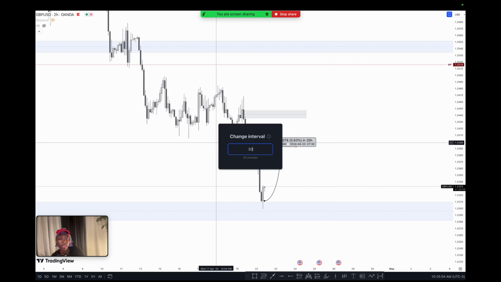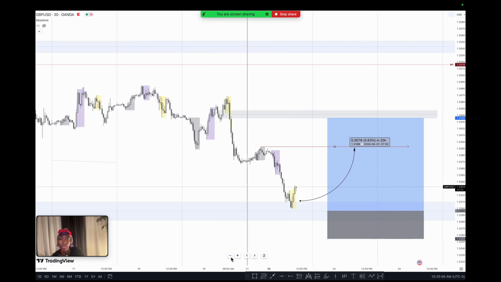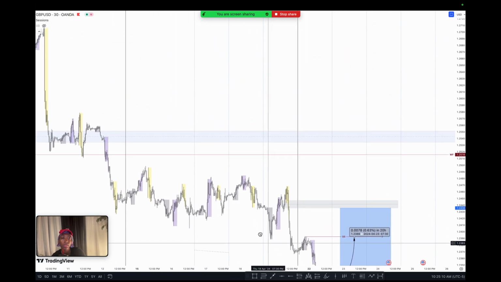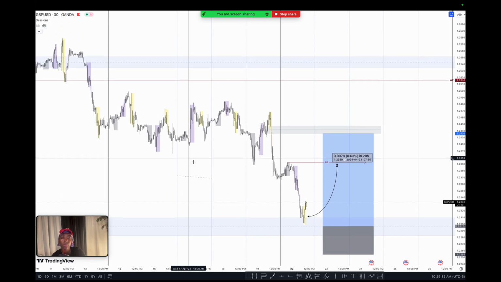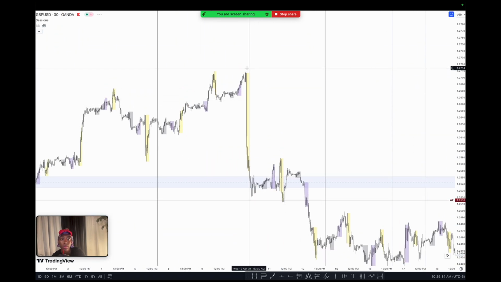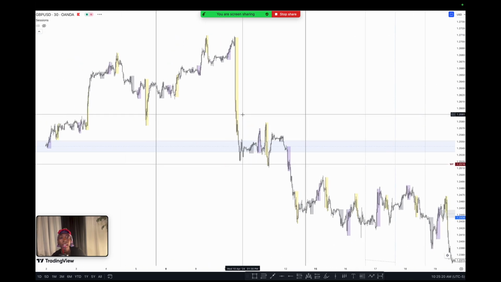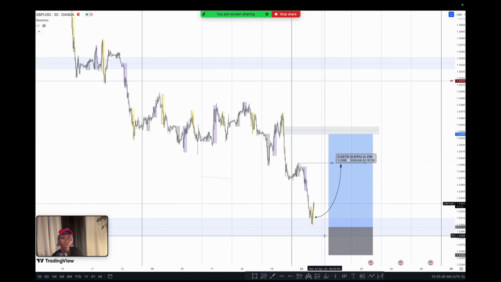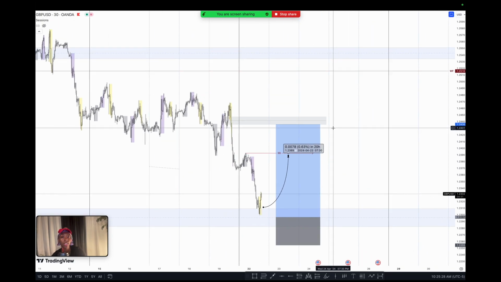Let me see something real fast again. What was this? Wednesday, Tuesday. See, not always, but like 80% of the time, Tuesday will make the high of the week if it's going in a downtrend, or the low of the week if it's heading in an uptrend.